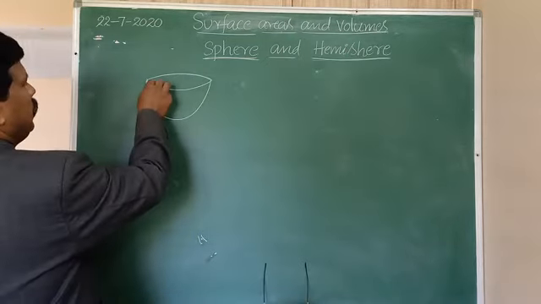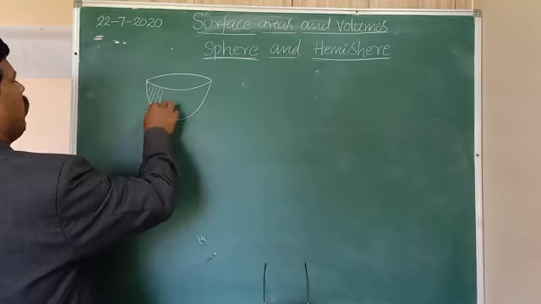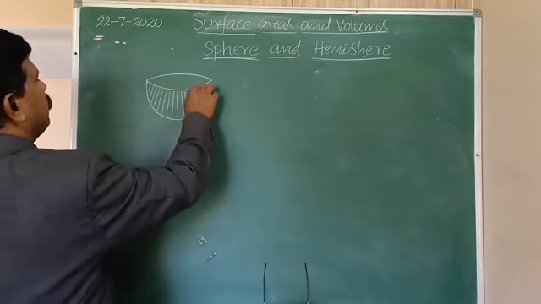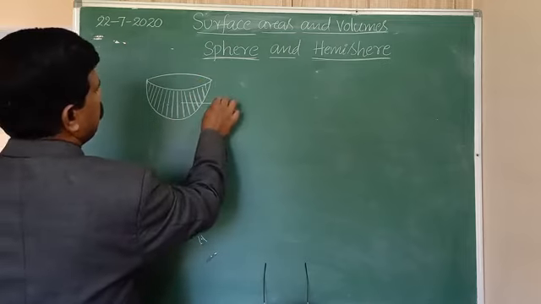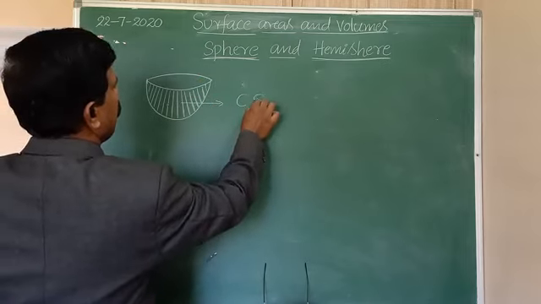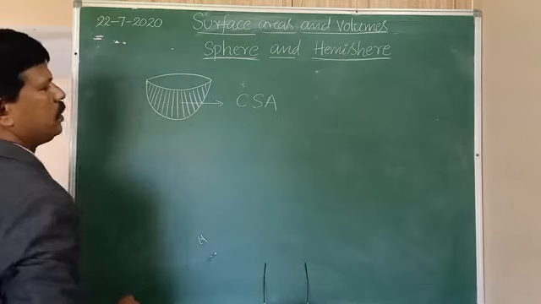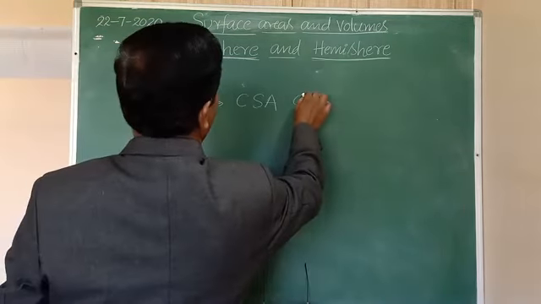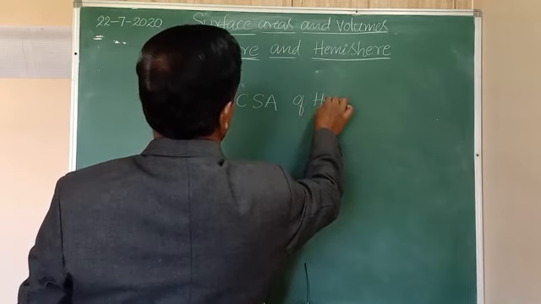So here this part is called the curved surface area. This part is CSA, curved surface area of hemisphere.